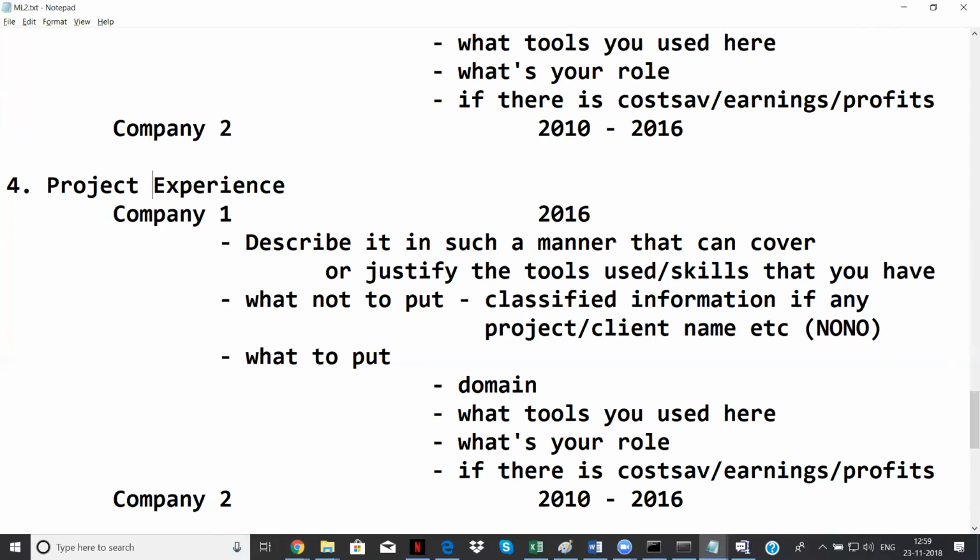So you can include your college projects. There is no harm in it. You'll have to include at least 2 of the projects that you have done in this section. So take up 2 projects among all the projects that I have given. See the one which you have done very well and put it over here.